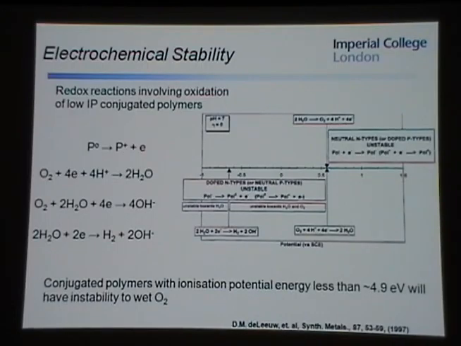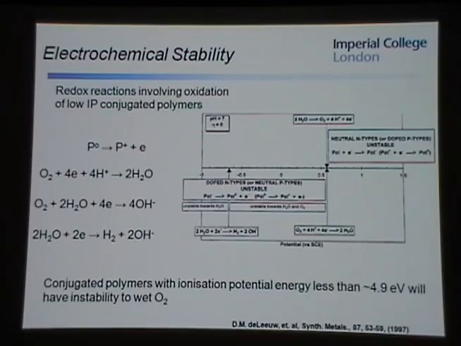Basically, for a P-type material, you'd like the ionization potential to be greater than about 5 electron volts to slow this down. For an acceptor material, you'd like the electron affinity to be greater than about 4 electron volts, so the LUMO to be lower than about 4 electron volts, for the radical anion to be stable in the presence of oxygen and water.